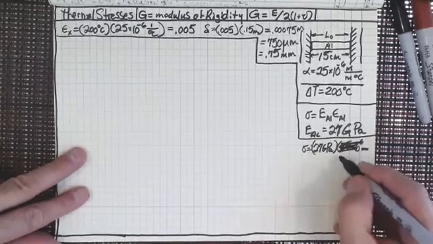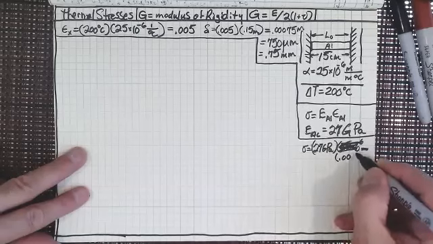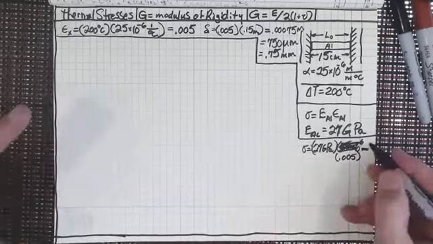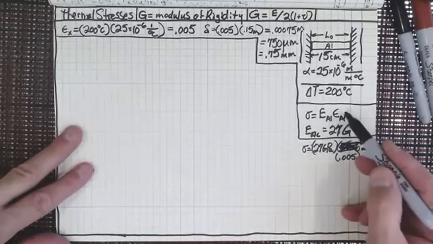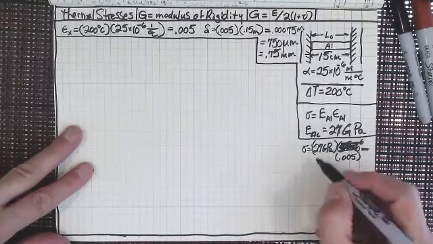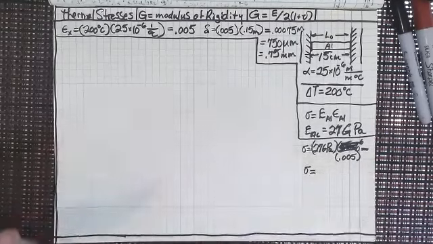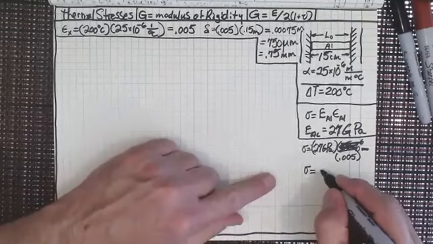I should always do these beforehand. 0.005. I just didn't do it because this one's so easy, really. And this is just a stress. It's just Young's modulus, or modulus of elasticity, times the strain, 0.005. So the stress inside that is going to be, wait, don't tell me. I get 135 megapascals.